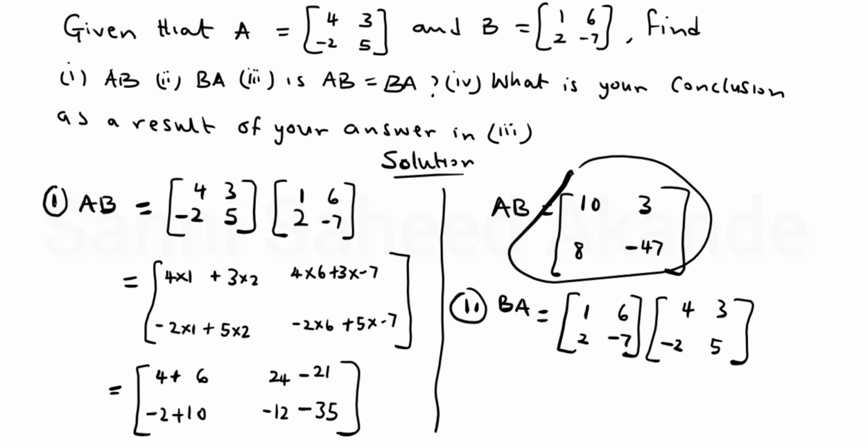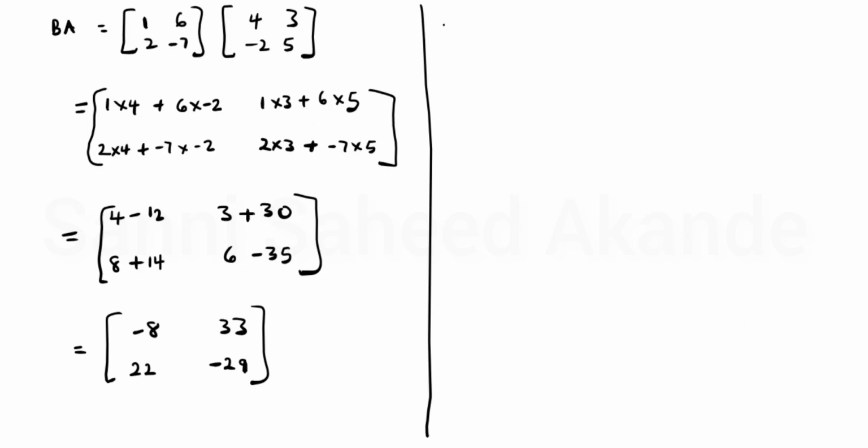Okay, so Roman figure 3, the question says AB. Now as you can see for yourself, you will notice that the answer we got for AB is not equal to BA. So we'll conclude and say AB is not equal to BA.